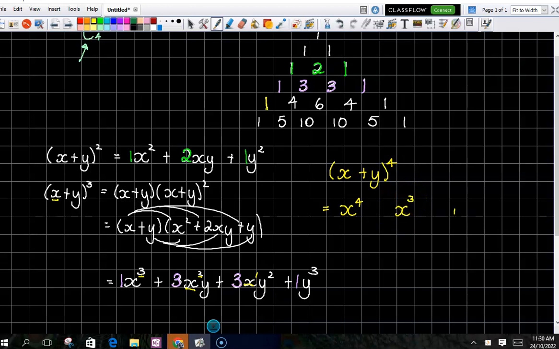But what goes in front of the x cubed? Right, it'll be plus 4x cubed. And what's your y term? Here there's no y. Here it is y to the 1. And I'm writing the 1 there just so you know. Look, 3 plus 1 gives you 4. Normally we wouldn't write the 1. Right, what's my next term? We've got 1, we've got 4.